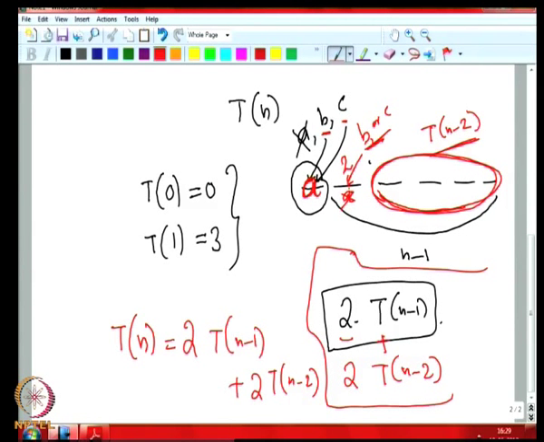Note that even when n equal to 2, this argument works, because if n was equal to 2, our argument told if it is B or C here, this is T of 1 ways you can fill it, that is 3 ways. If it was A, then here we have only 2 choices, 2 into T of 0. That means we have to set it as 1 here, because how many 0 length words are there?